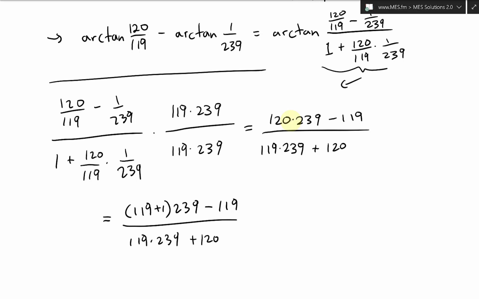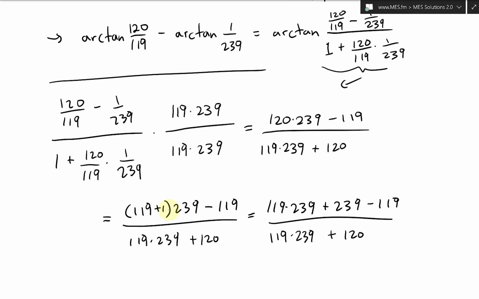Just so we have the same common denominator, multiply this inside. This equals 119 multiplied by 239, and then plus this extra 1 times 239, so 239 minus 119, and the bottom is 119 times 239. Notice they match up, plus 120.